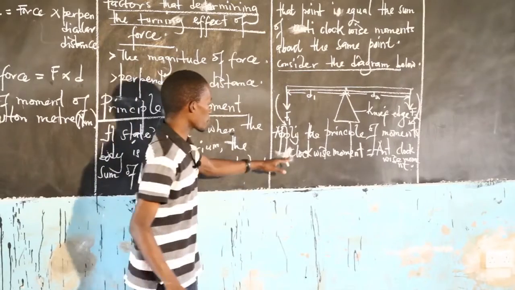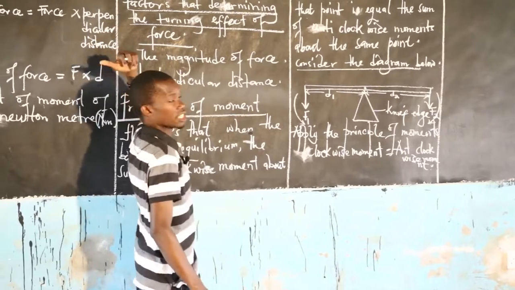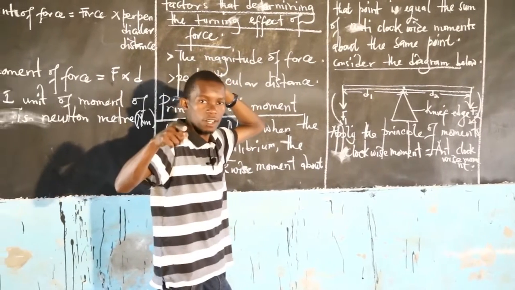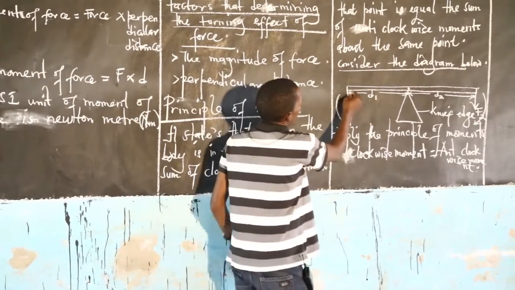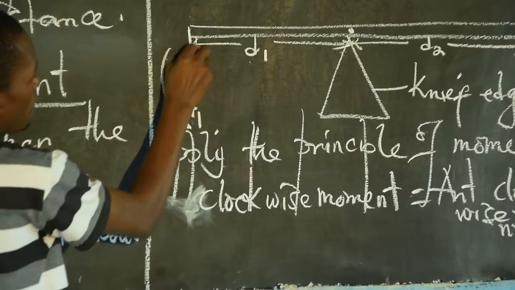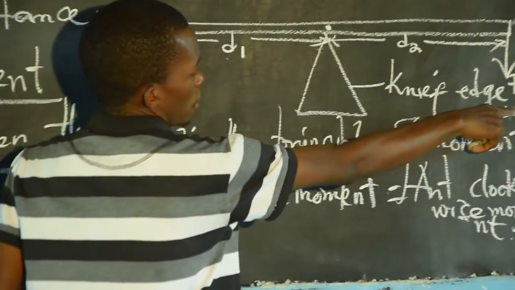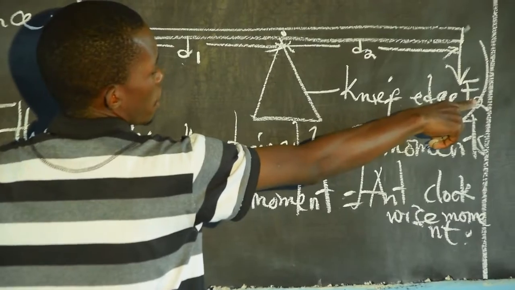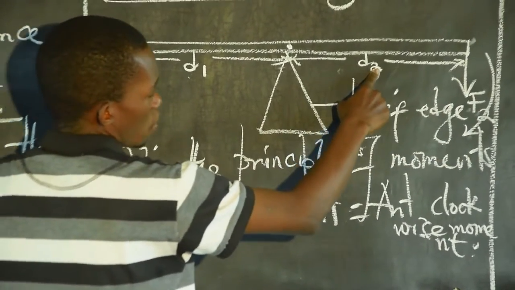So, here we should get to know that moment, we said that moment is the product of what? Of force and perpendicular distance. When we talk about clockwise moment, this side is clockwise moment. We have the force, which is F2, and perpendicular distance, which is D2.